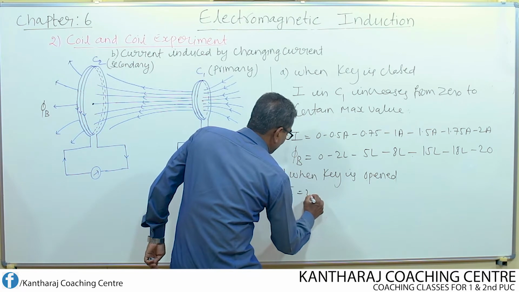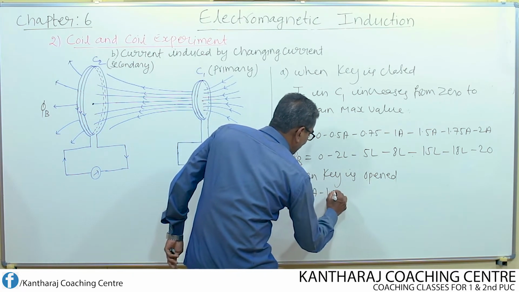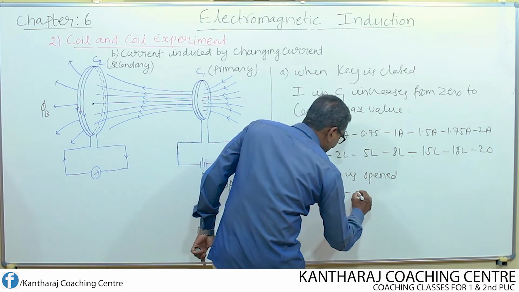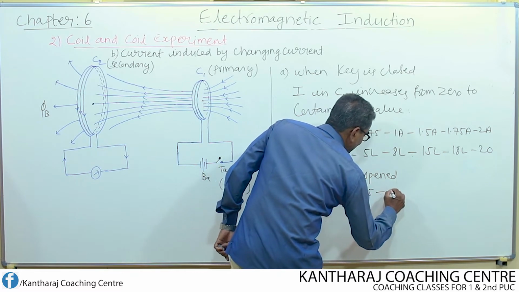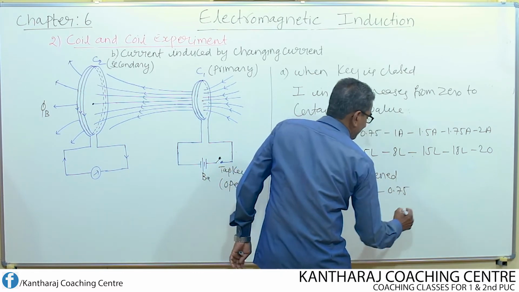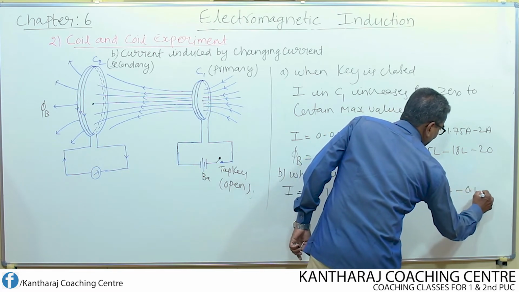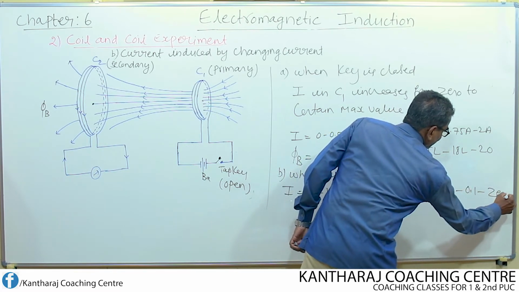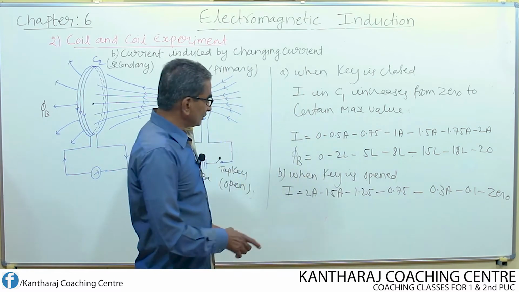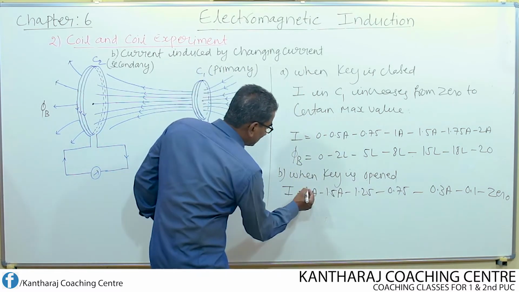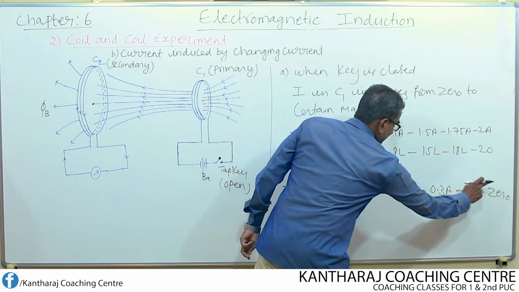How? Current from 2 ampere now may become 1.5 ampere, 1.5 may become 1.25, then 0.75 ampere, then 0.3 ampere, finally 0.1 ampere and 0. So this is how current from a maximum of 2 amp decreases to 0.